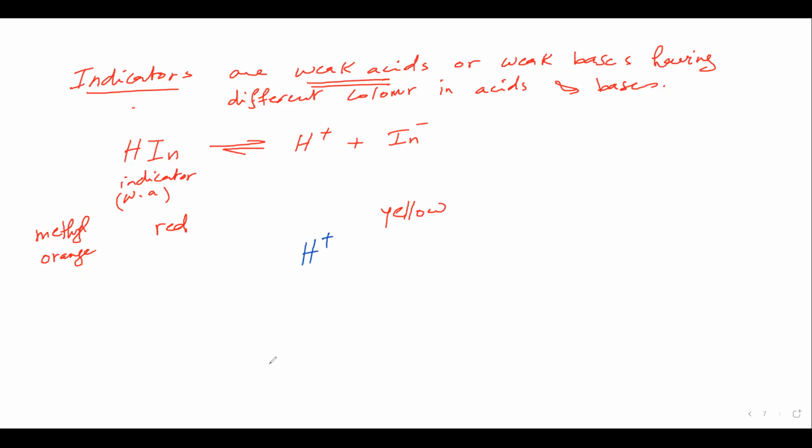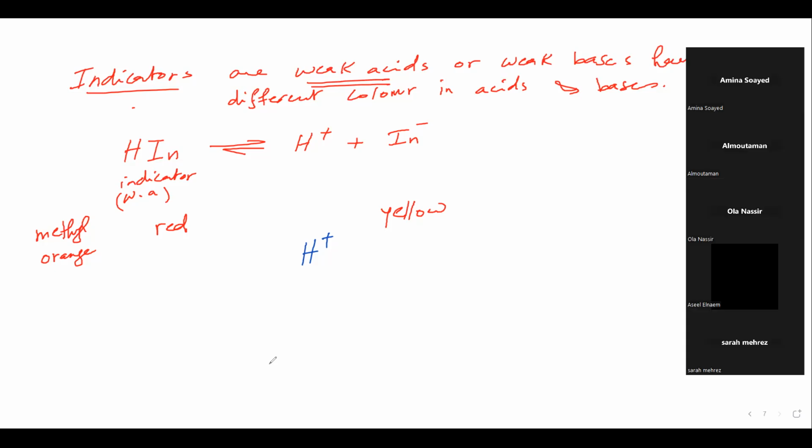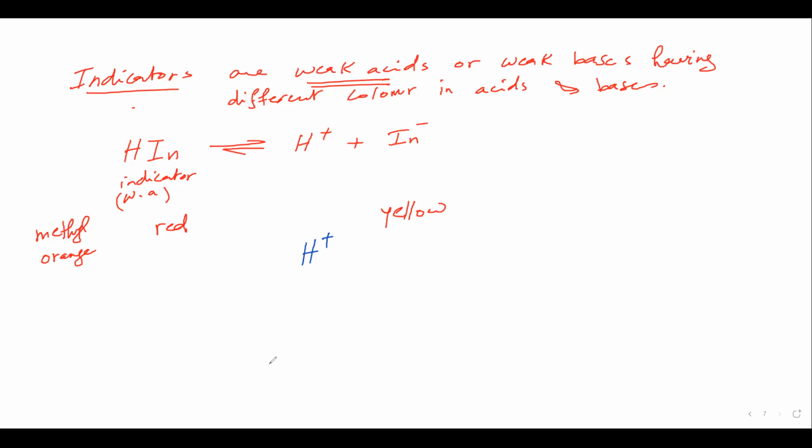And there is equilibrium. It will be red, because the equilibrium will shift where? Since we have here an H positive, the equilibrium position will shift to the left-hand side towards the formation of the red color.